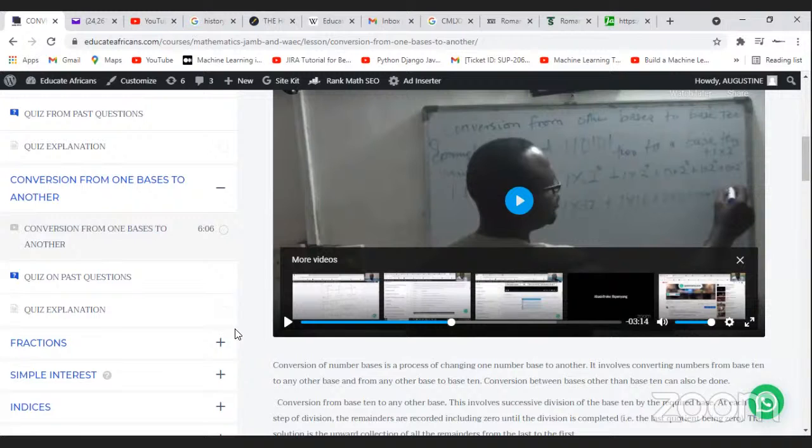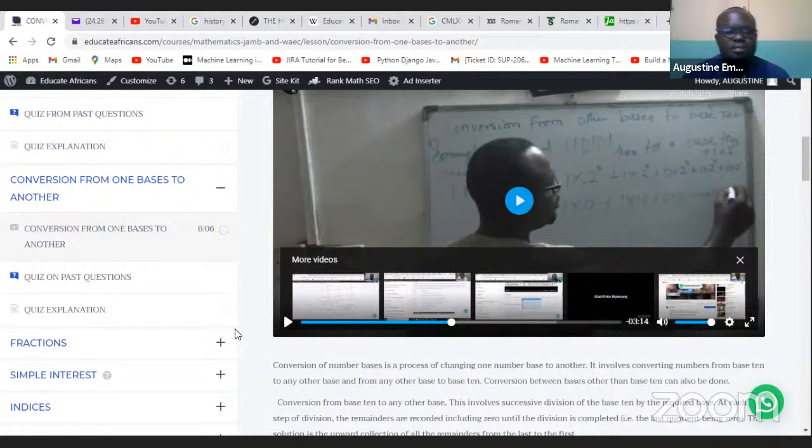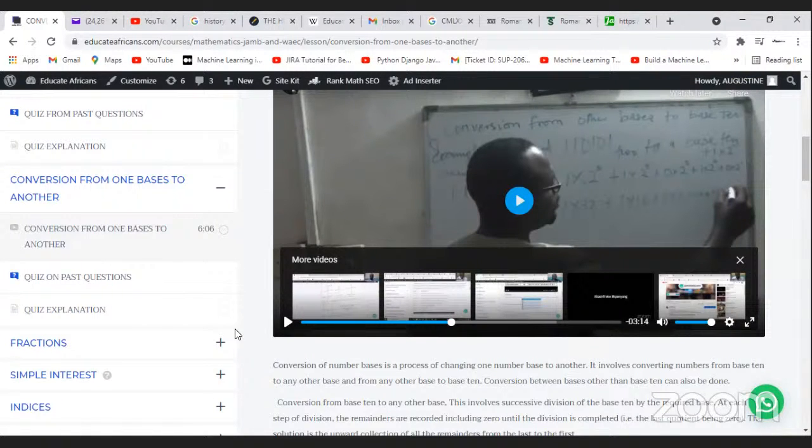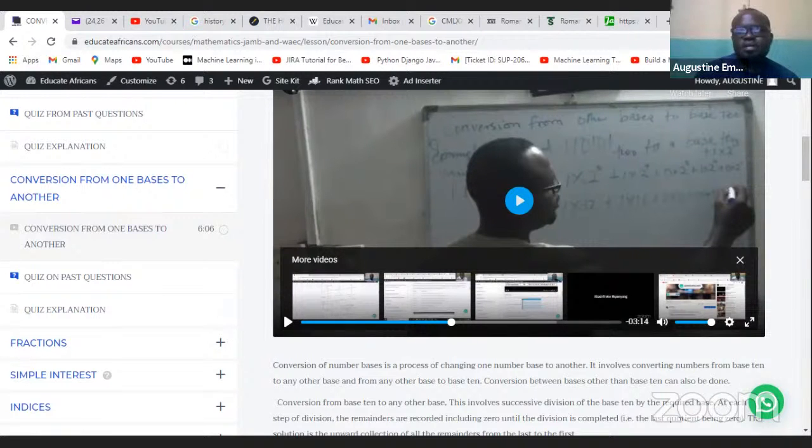So we have here conversion from other bases to base 10. In converting from other bases to base 10, we use what we call successive multiplication.